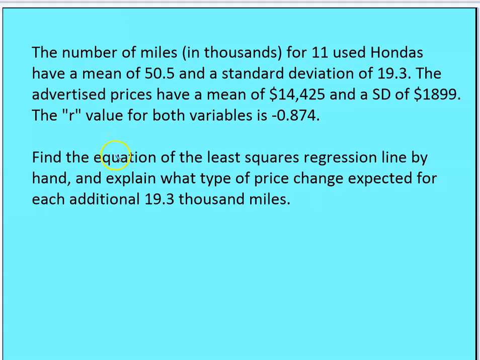I want you to use this information to find the equation of the least squares regression line by hand and explain what type of price change is expected for each additional 19.3 thousand miles. Before I move on, please copy this down. I believe this is your only classwork problem, by the way. We'll have more in-class work to do.